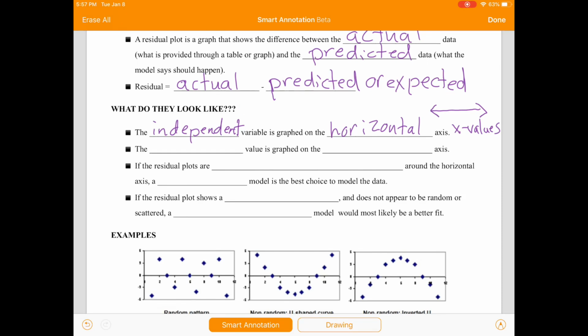The residual values are going to be graphed on the vertical axis. So when we talk about a vertical axis, we're talking about the axis that goes up and down. And typically on the coordinate plane, these will be our y values.